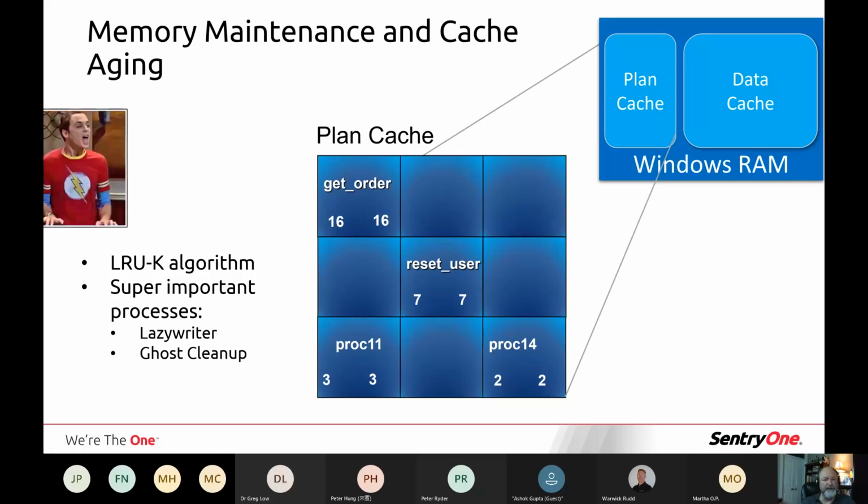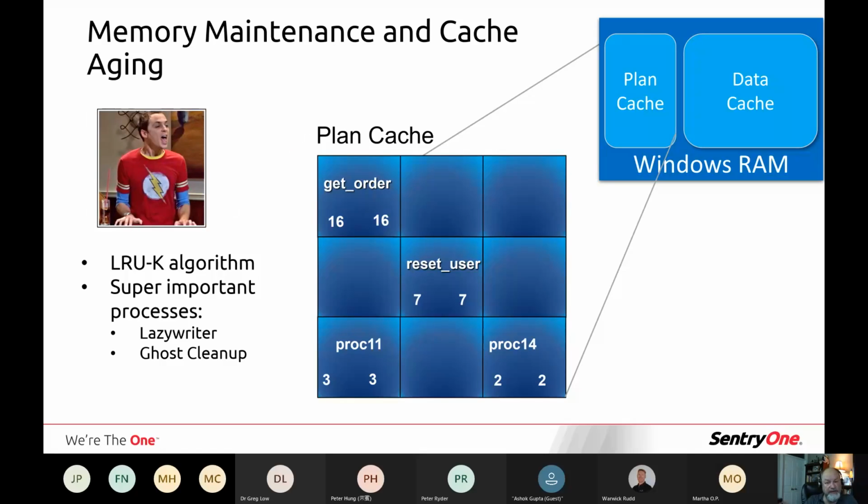SQL Server then invokes this process called the lazy writer. And the lazy writer is typically invoked every few seconds, but it can be invoked by request from any of the worker threads. So the lazy writer looks around and sees if any of these objects in the cache haven't been used in a while. And so it decrements that countdown timer, right?